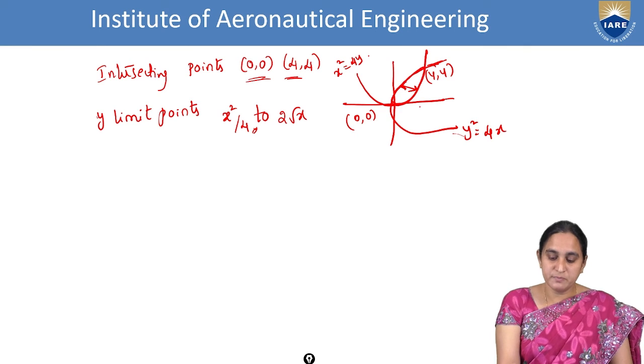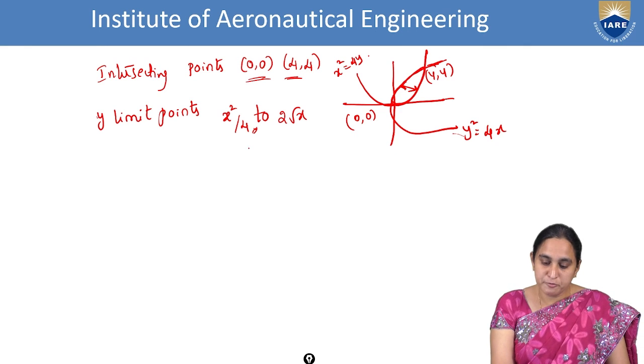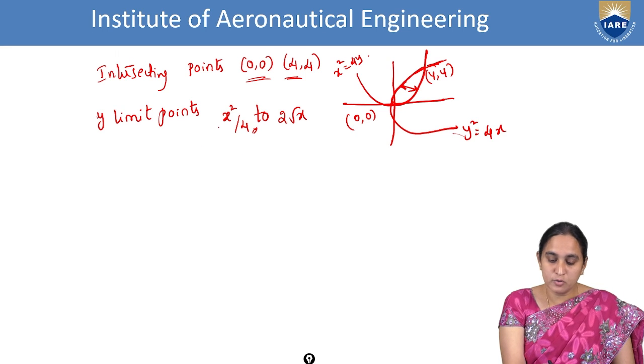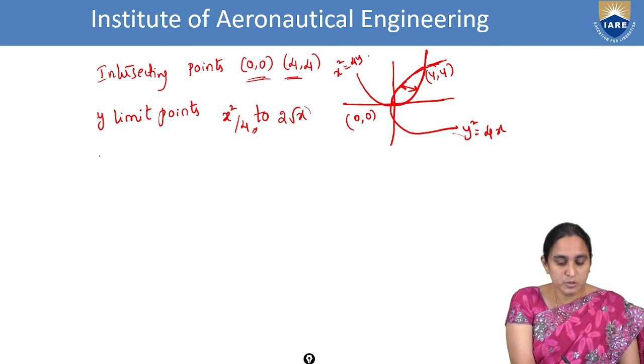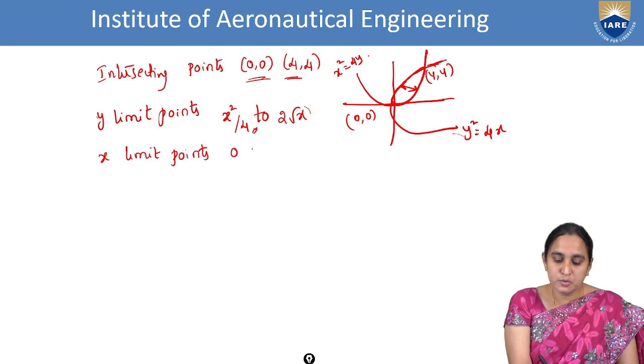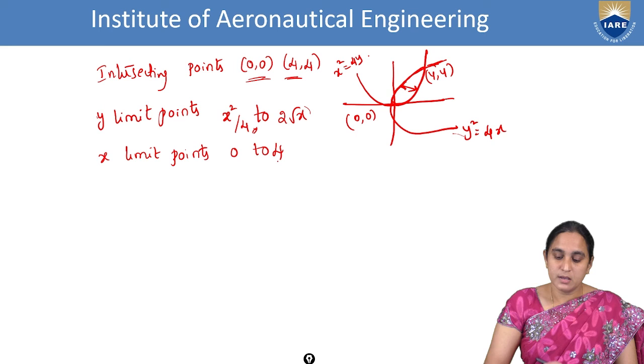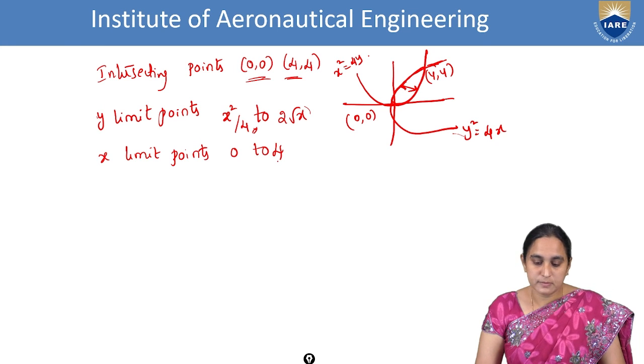Therefore the lower point is x square by 4 and the upper point is 2 root x. Next, what about the x limit points here? The x limit points are 0 to 4.